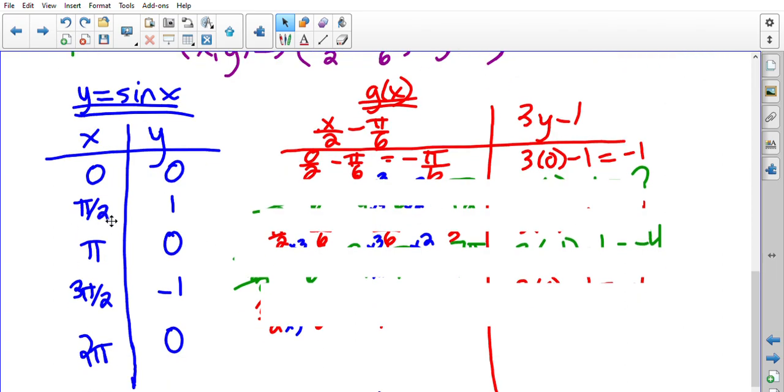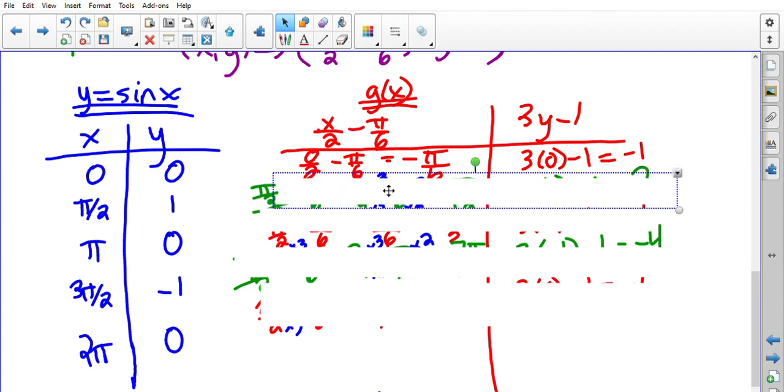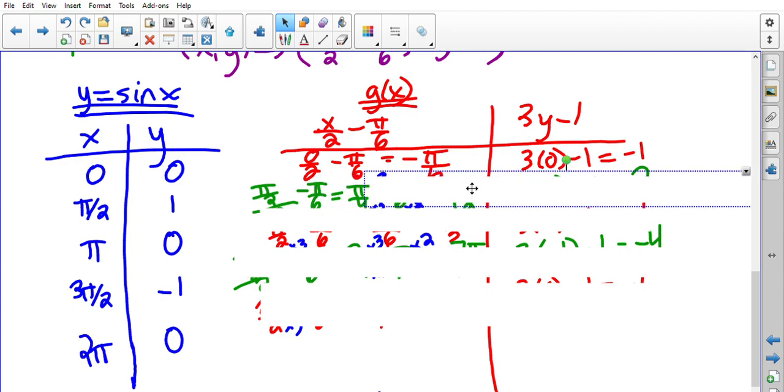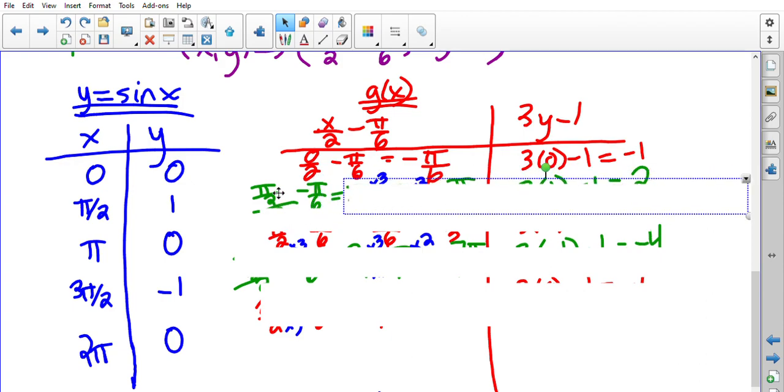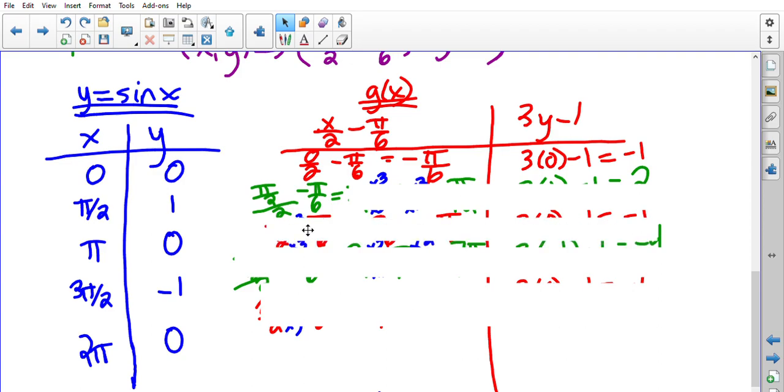All right, now we have to plug in pi over 2 in for x. Okay, so we're going to get a fraction over a fraction here. So I've drawn in a different color here, pi over 2 divided by 2 minus pi over 6. Okay, so that's what I plugged in here. What does that equal? Pi over 2 divided by 2 is actually pi over 4, because you're going to end up multiplying these two. So we get pi over 4 minus pi over 6.